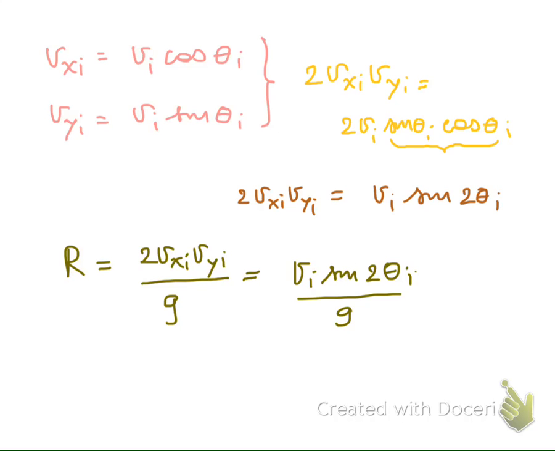And we know that R max corresponds to theta i equal to 45 degrees, and we can show this from this result.